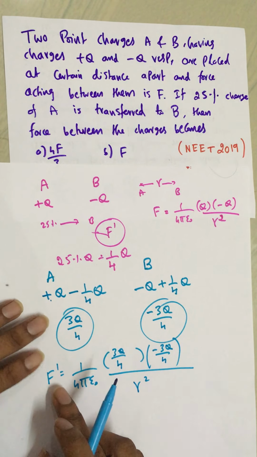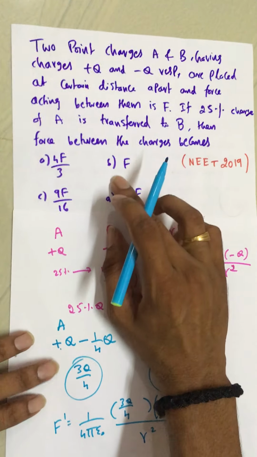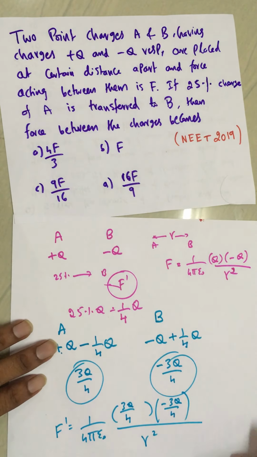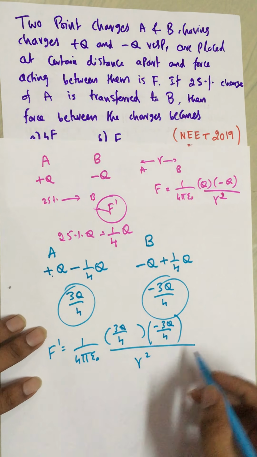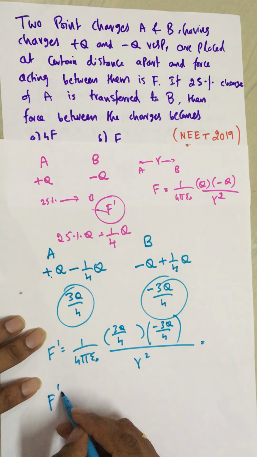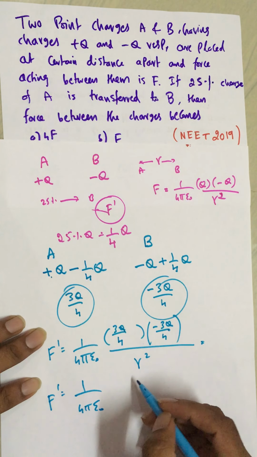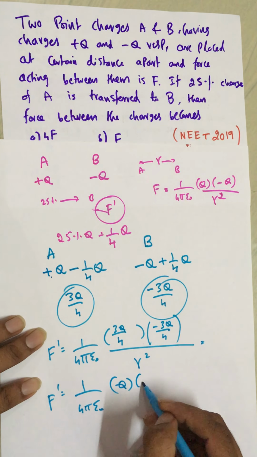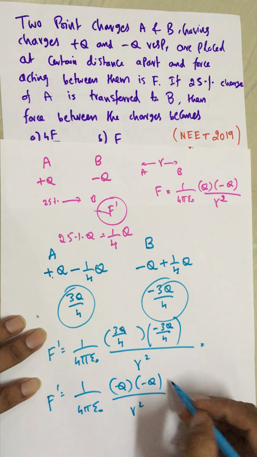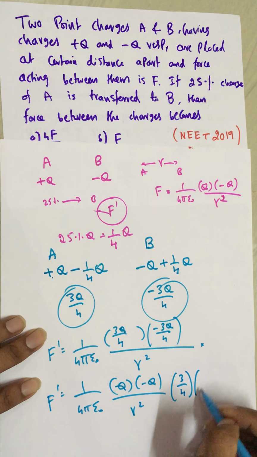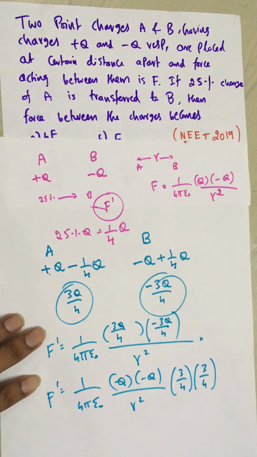I have to write this F dash in terms of F, because the answers are in terms of F. So F dash is equal to 1 by 4 pi epsilon naught, Q into minus Q by R square, and this number I'll write separately, 3 by 4 into 3 by 4.